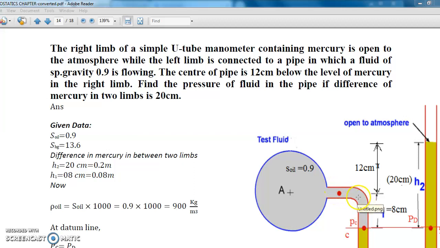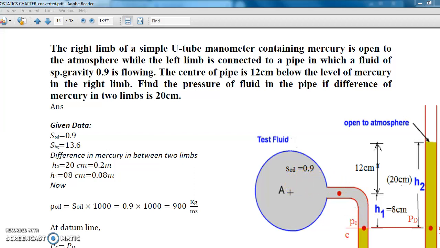While the left limb is connected to the pipe in which the fluid is flowing of specific gravity 0.9.